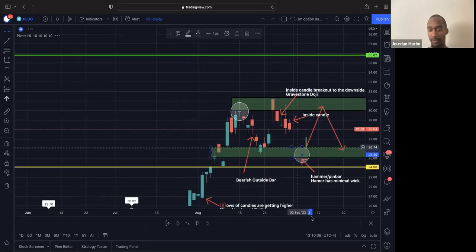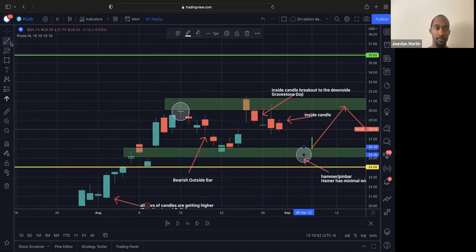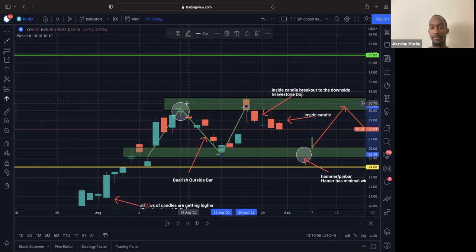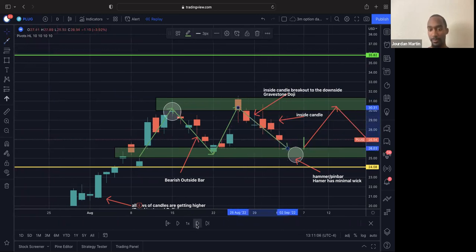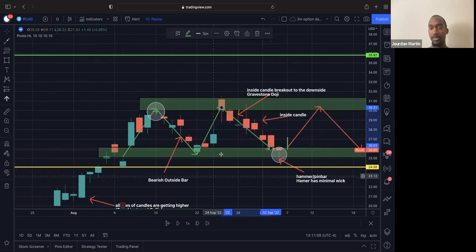If we go back, again, we see price is at this level, it comes up here. After that, it comes back down to the same level. Okay, cool. Then what does it do? It comes back to the same spot. Then what does it do? Comes back down. Then it comes back to the same spot, right?